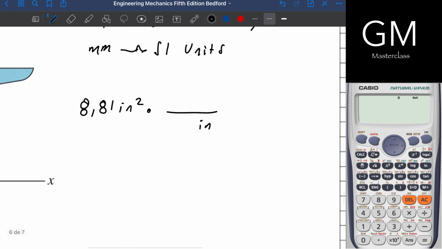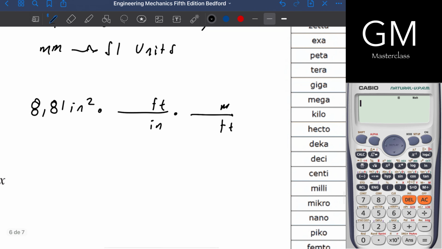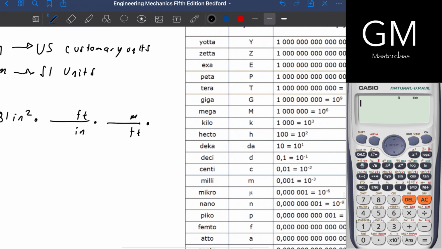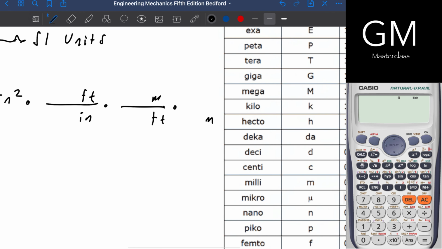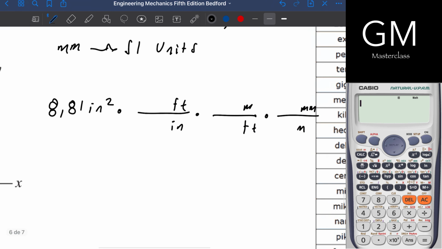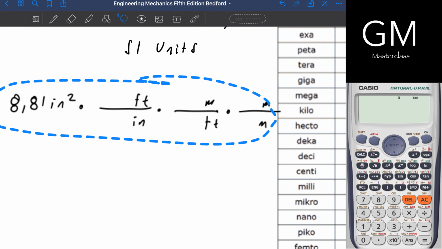So what I'm going to do is transform those into feet because I know the equivalence, and then I'm going to transform those into meters. And then I'm going to use the prefix chart, and I'm going to eliminate those meters and transform those into millimeters for me to get the result into millimeters. That is the unit that I've been asked for.